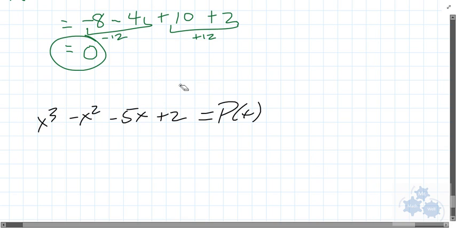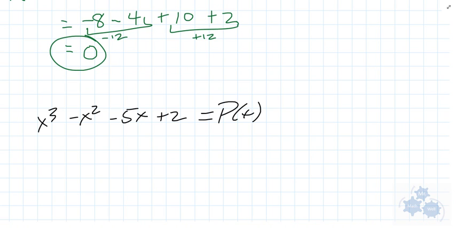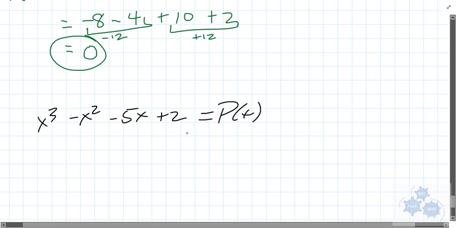So if this is the polynomial, the possible factors are going to be, and you can list them, x plus 2, because that's a factor of plus 2. Also x plus 1, x minus 2, and x minus 1.